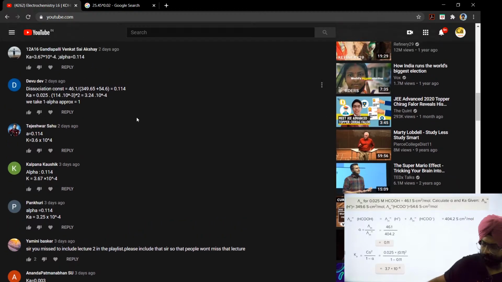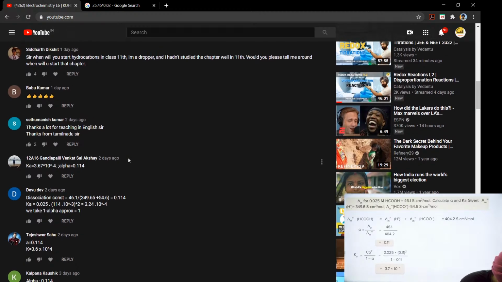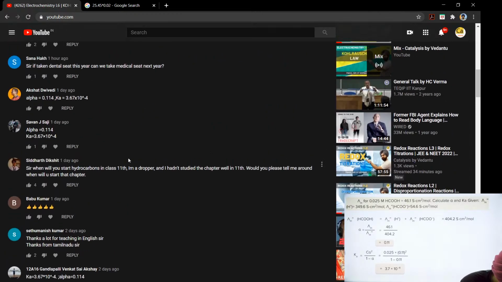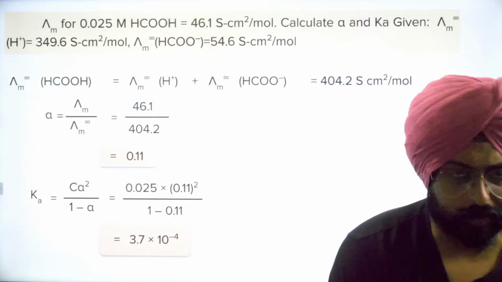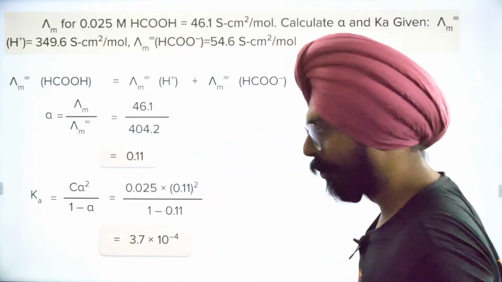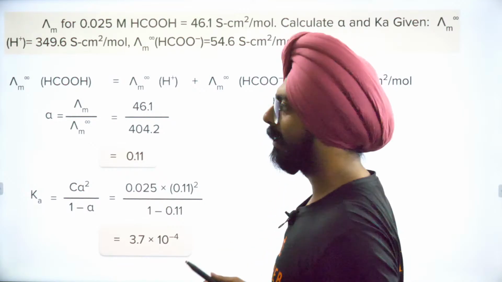Devu, yes, you should not approximate 1 minus alpha as 1 here. Venkat Sai Akshay, yes, that is correct. Good job, people. Savan and Akshat seem to have given the correct answer as well. Very nice. The Hall of Fame became quite long today. Good. So I hope you understand why you cannot ignore alpha over here, because it's not very small.